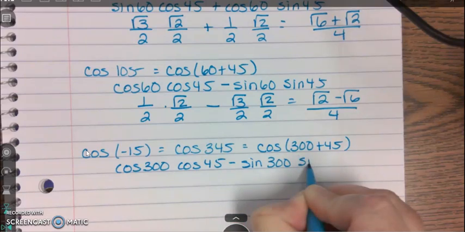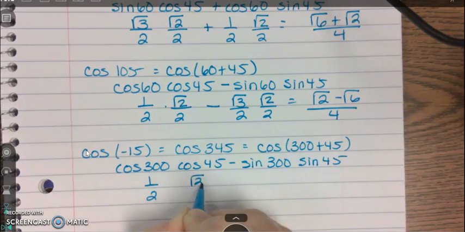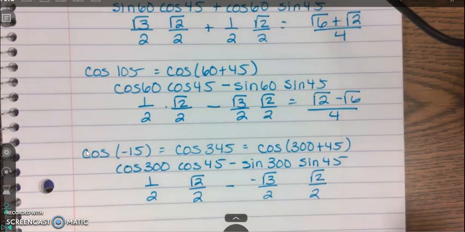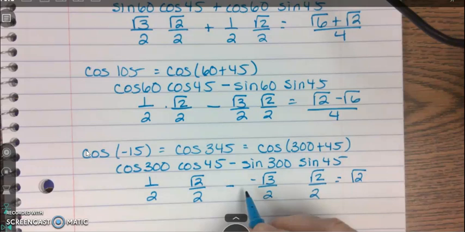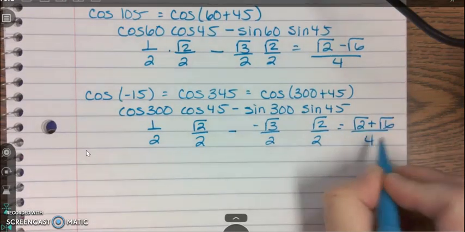So cosine of 300 is 1/2. Then the square root of 2 over 2. And negative square root 3 over 2 and the square root 2 over 2. And then this would give us square root 2. Two negatives here will give us a positive square root of 6 over 4.